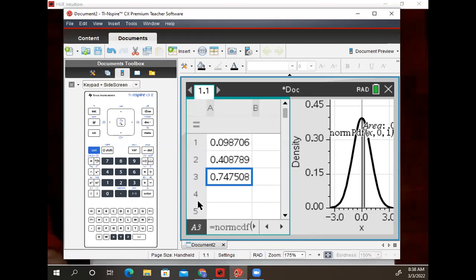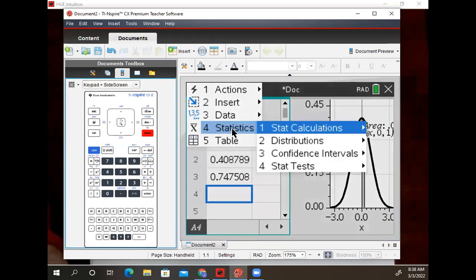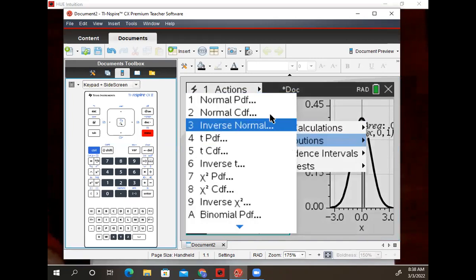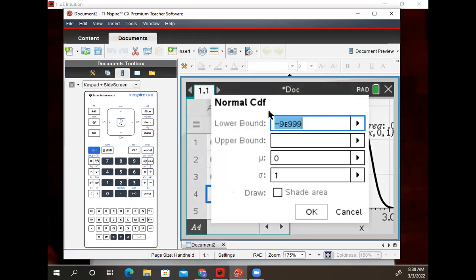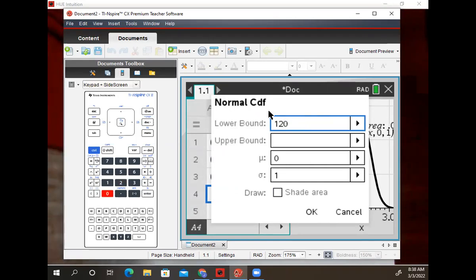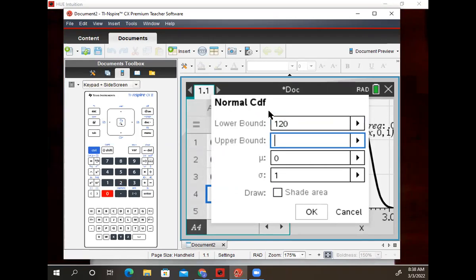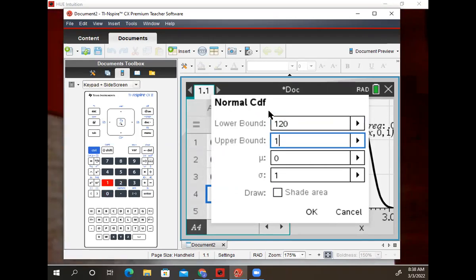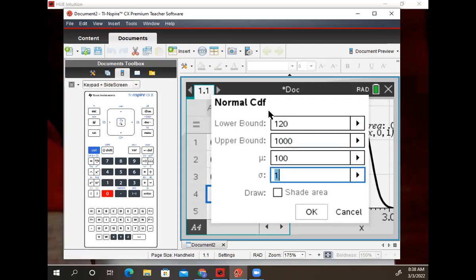Let's pull our calculator back up here. Again, new space, menu, statistics, distributions, normal CDF. My lower bound this time is 120. My upper bound I get to pick, and I'm going to set it at 1,000. That is plenty big enough. My mean is 100, and my standard deviation is 15.